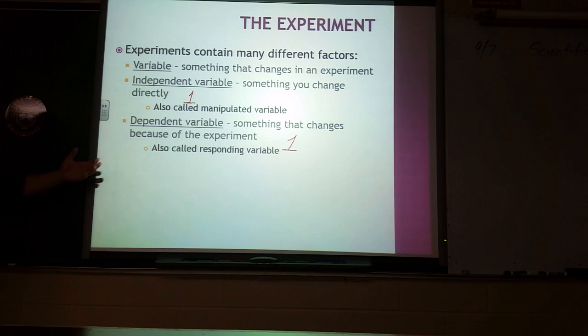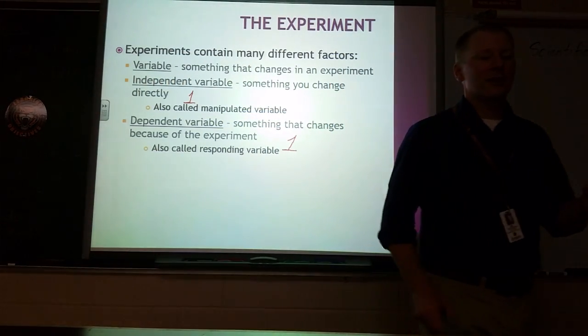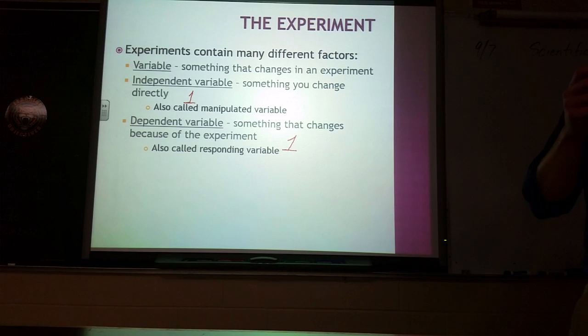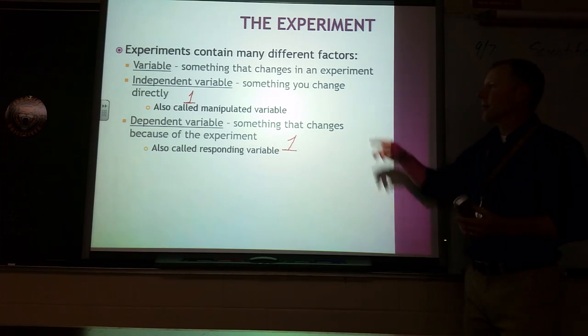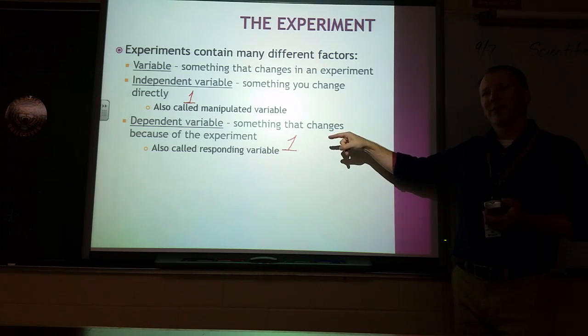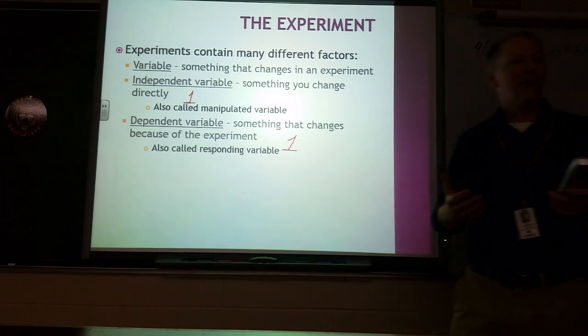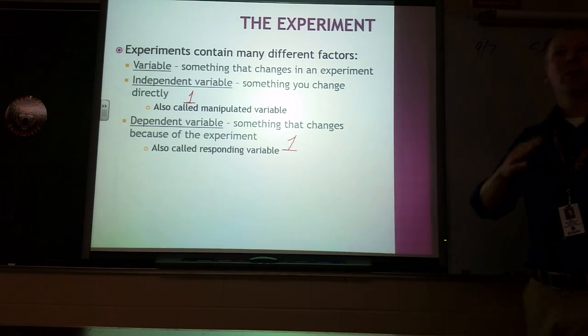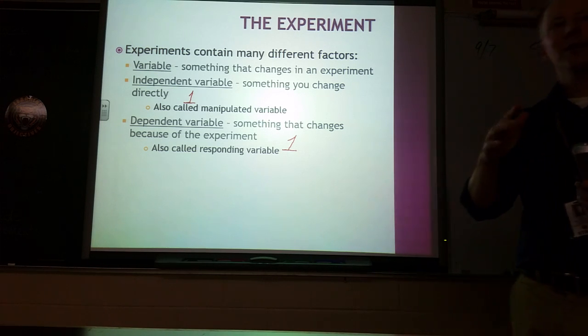Well, there's lots of other things that we could change about the rocket, like fin size, or fin location, or the angle that we launch at. But if we want to learn about the amount of water and how it affects the rocket flight, we can't change those things. They would throw off our measurements because we wouldn't know, is it because of the amount of water or is it because of the angle that I launched it at?